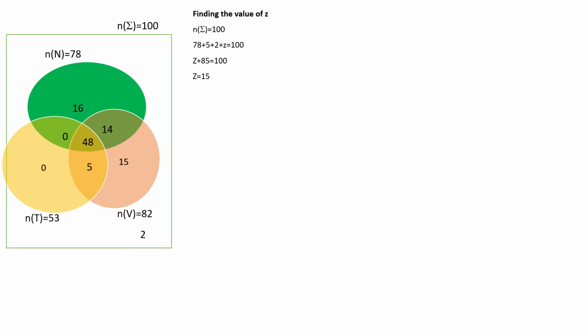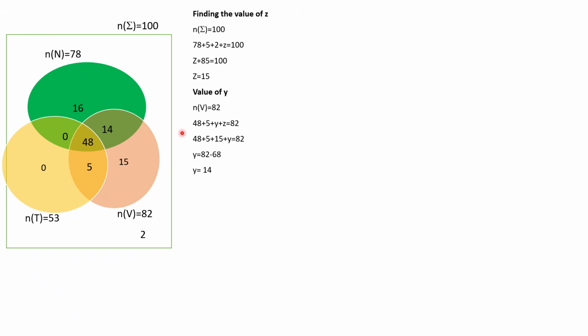Now, I want to first find the values, the way we have been saying. Yes, 78 plus 5 plus 2 plus Z is equal to this. I have my Z as 15. And then I have my value of Y. Number of V is equal to 82.